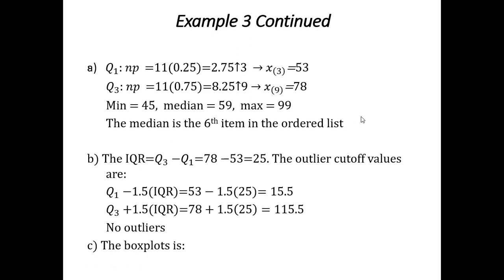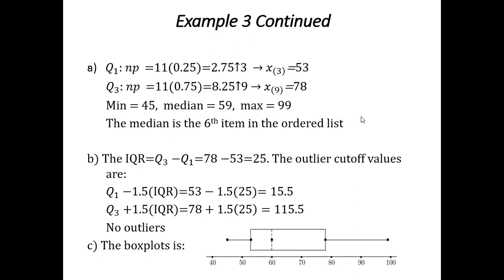Now, it's probably easiest to just skip a little bit to part C. Using the 5-number summary, we create a box plot. Okay, so this is roughly what the box plot should look like. This corresponds to my minimum, 45.